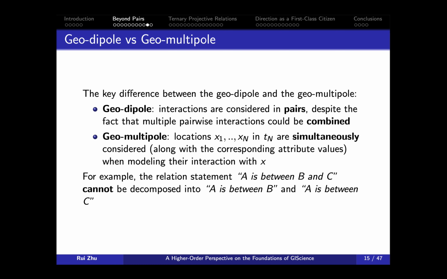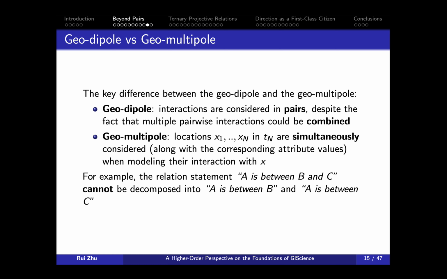So what do we gain by generalizing the geo-dipole to the geo-multipole? In fact, interactions in geo-dipole are considered in pairs despite that multiple pairwise interactions can be combined. While for geo-multipole, the n locations are simultaneously considered when modeling their interaction with the target location x.